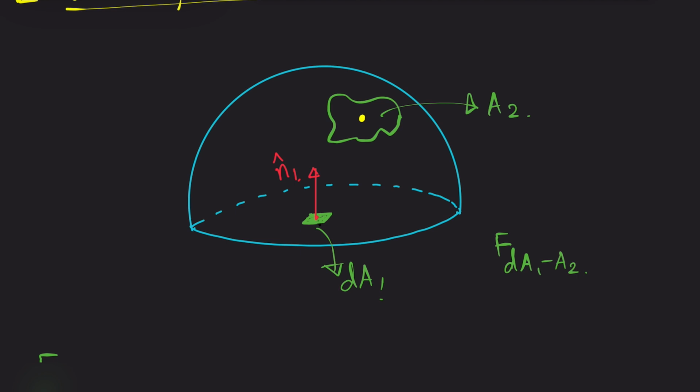Okay, I define this as my centroid of the area too. Here, if I join this and remove this part only, then I will have this as my n2.